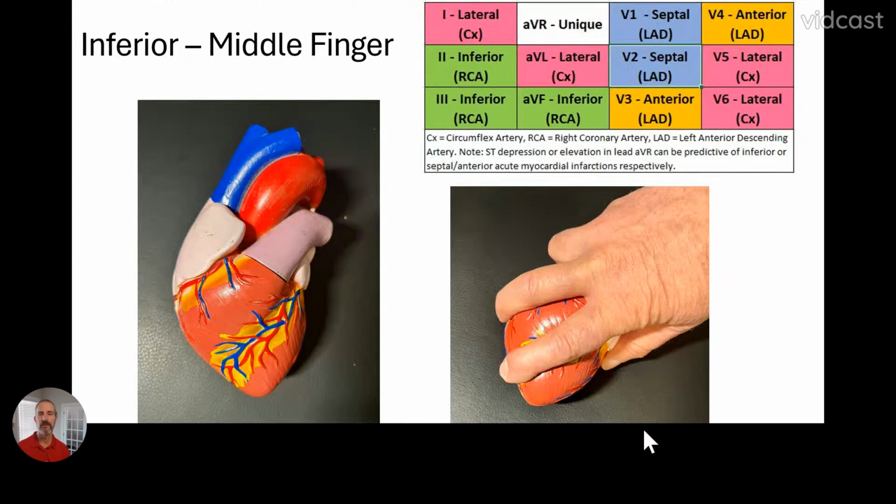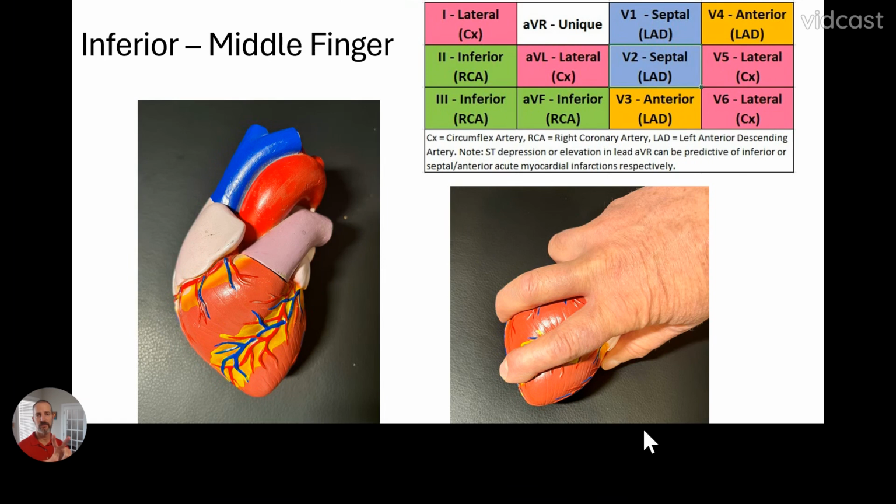So let's start off with the inferior portion of the heart, color-coded in green on the chart. That's figure 11.6 from your textbook. And you have two images here of a heart model, one with just the model and the other one with my hand.